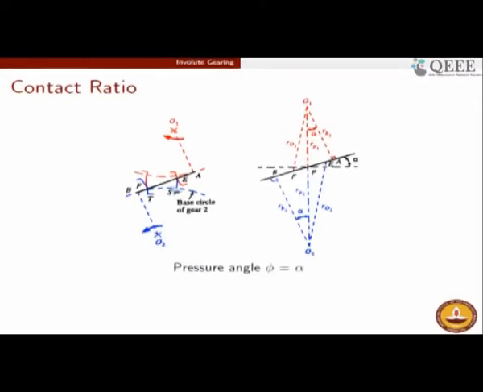And as the name suggests, in our study of contact ratio, what we are trying to determine basically is a condition to ensure that always at least one tooth pair is in contact.